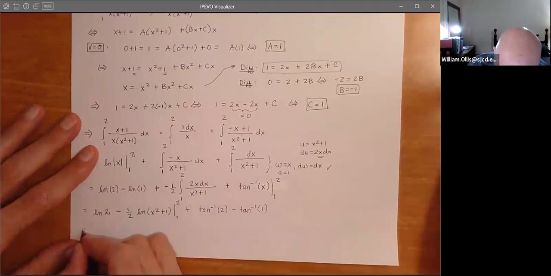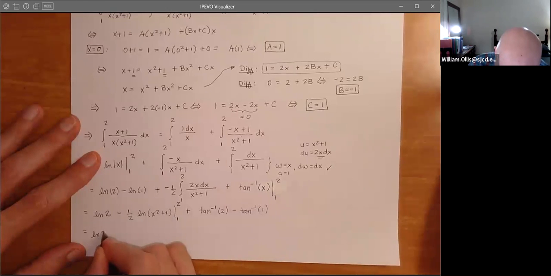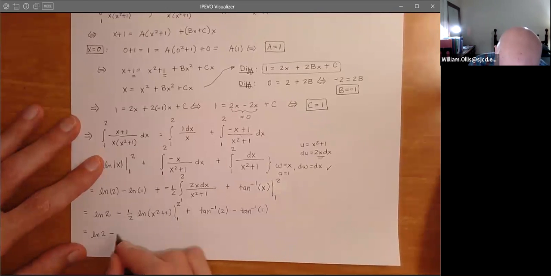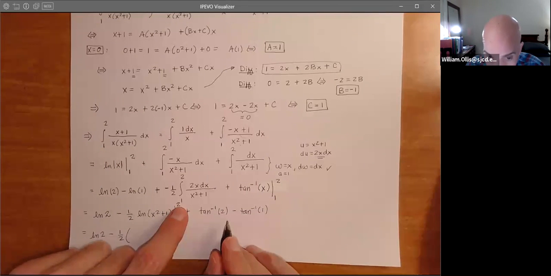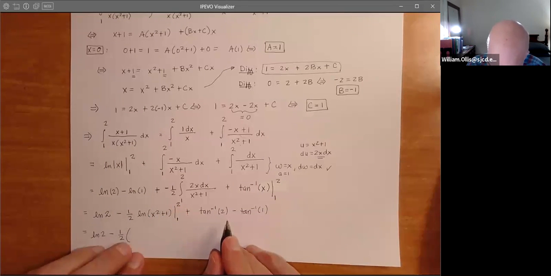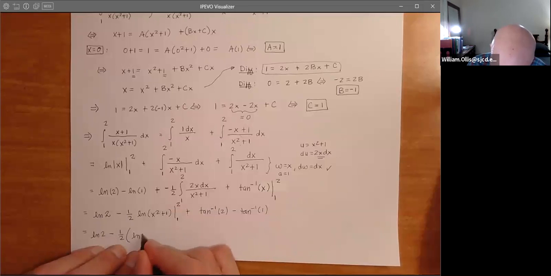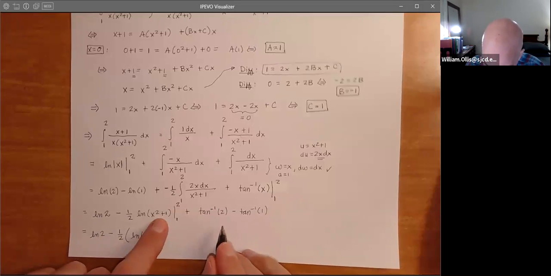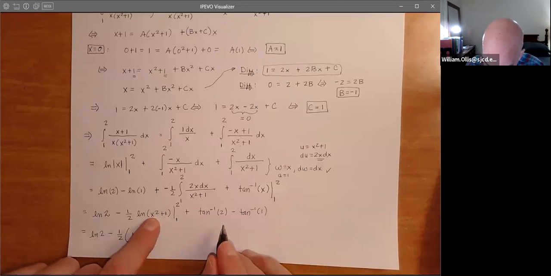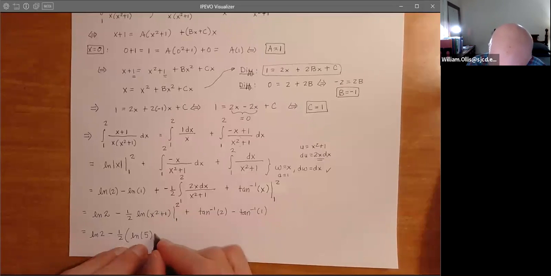So now this gives us ln 2 minus 1/2. When we substitute the 2, we get 4 plus 1, so that's a log of 5. And then, when we substitute the 1, we get 1 squared plus 1, so that's minus a log of 2.